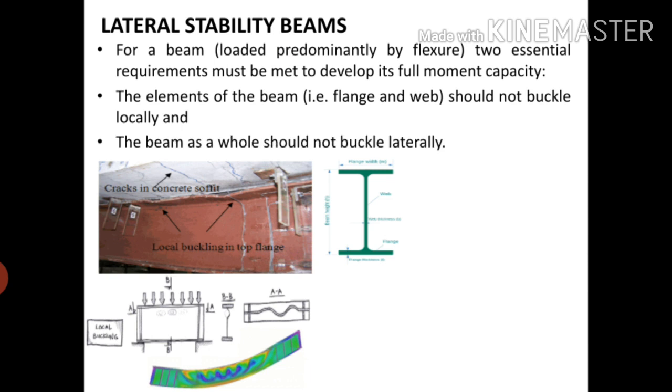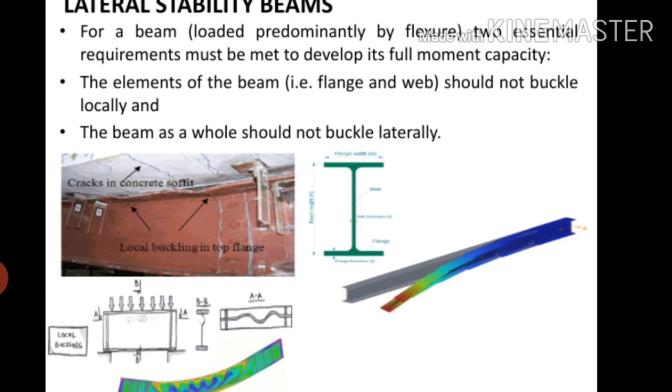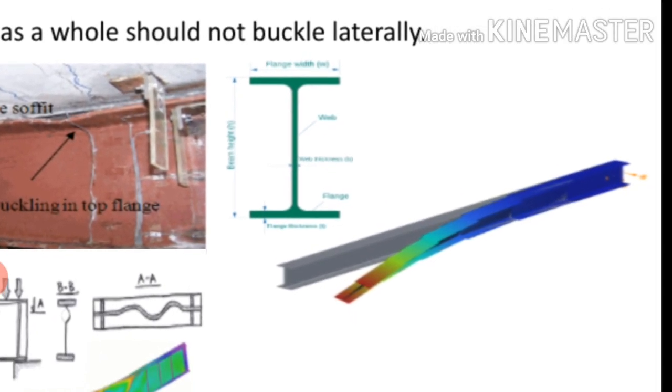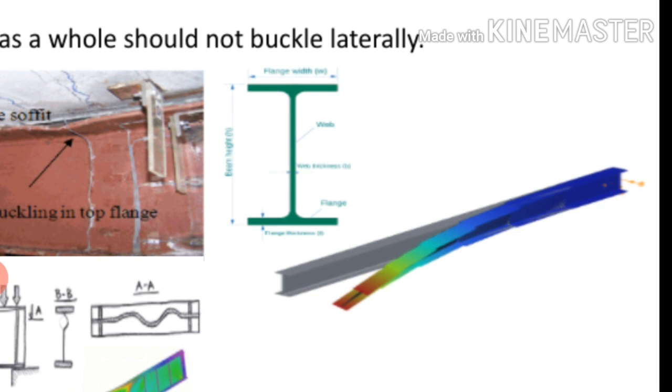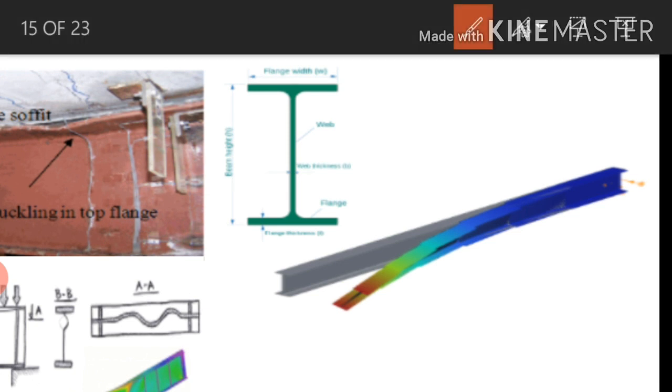The second criterion, the beam as a whole should not buckle laterally. So what do you mean by lateral buckling? This is the sideway. As the load is applied over the beam, if you apply a load like this, and it buckles sideways like this, laterally, this is called lateral buckling.